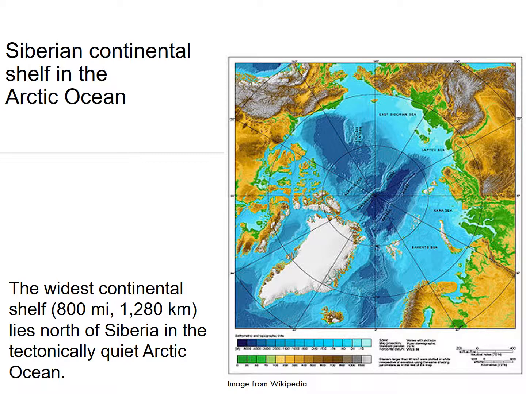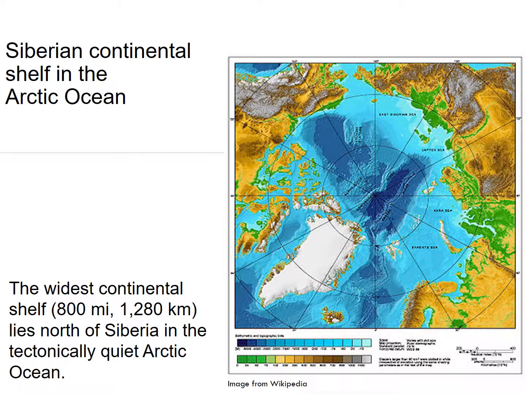The widest continental shelf we have is in the Arctic Ocean. So here we are looking at the Arctic Ocean from a bird's eye view. You can see Greenland in white because it's covered by an ice sheet. Going clockwise next to Greenland, you see the Canadian Arctic, Alaska, crossing the Bering Strait, and looking at the Siberian shelf, you see part of Norway.